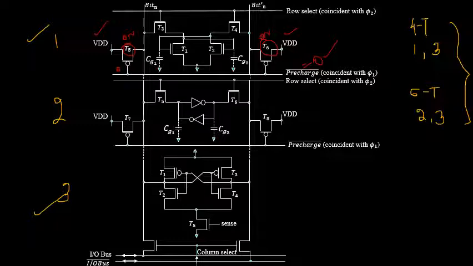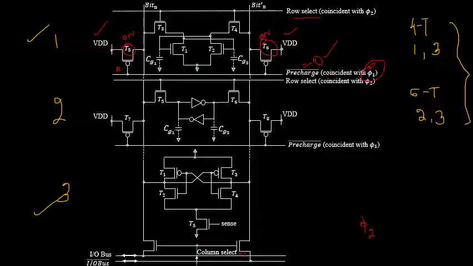By choosing an appropriate column select signal, say I am asserting the column select signal equal to 1 state. So whatever clock signals you are going to choose, for row select as well as for column select, you are going to have a different clock signal, that is clock signal phi 2.